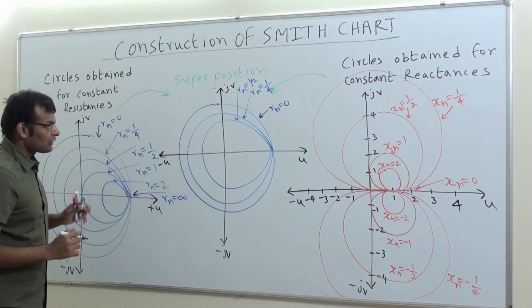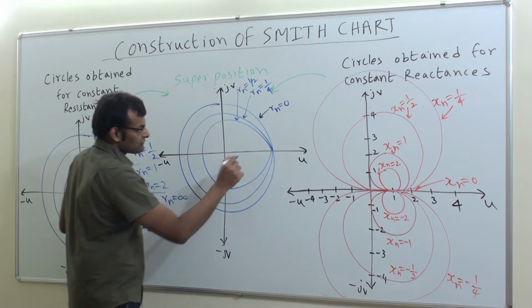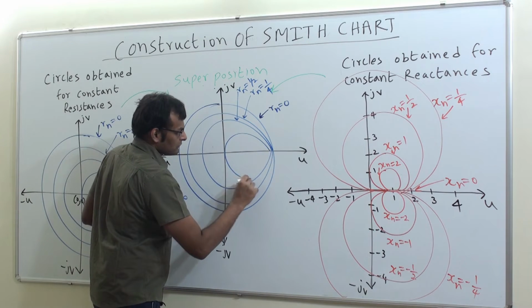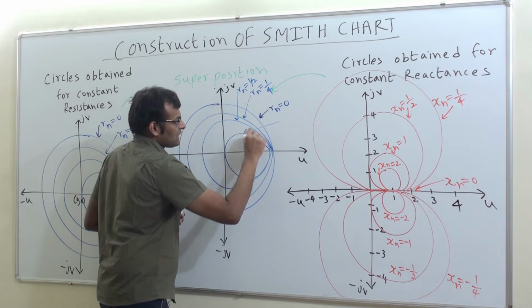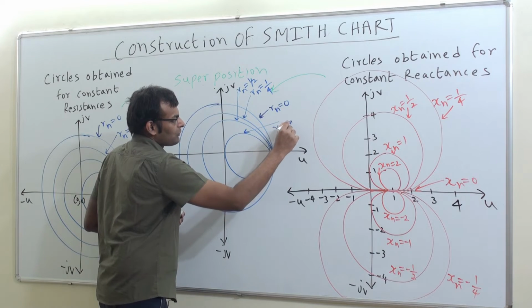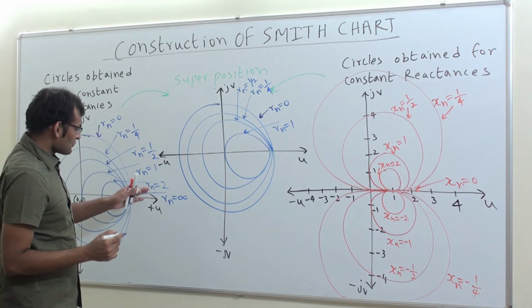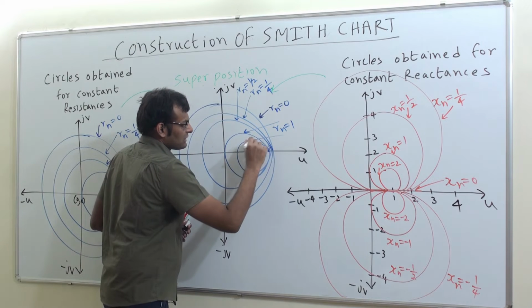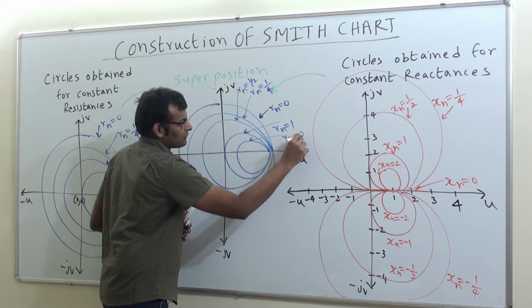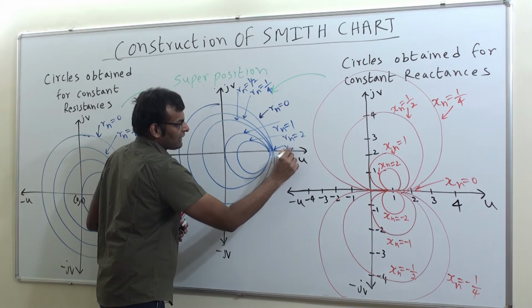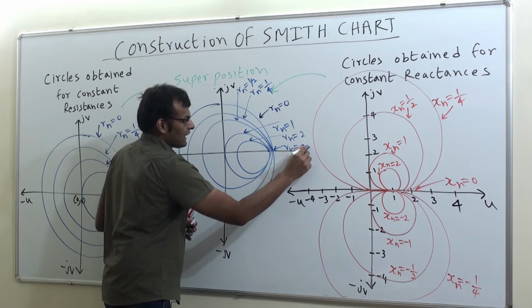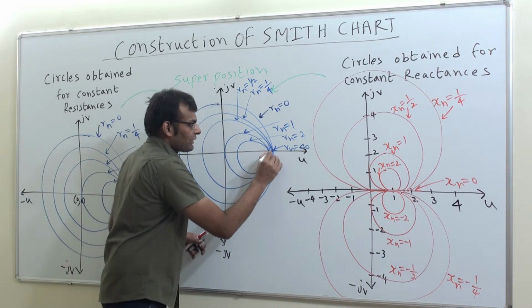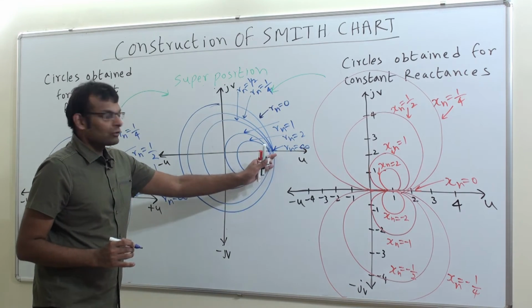Now when Rn is equal to 1, I am getting a circle in this way. This is Rn is equal to 1. And when Rn is equal to 2, I get another circle. This is Rn is equal to 2, and ultimately when Rn is equal to infinity, I get the point that comes and meets at 1, 0.